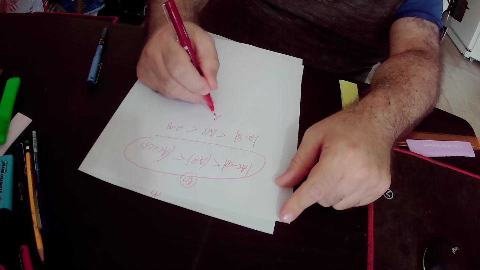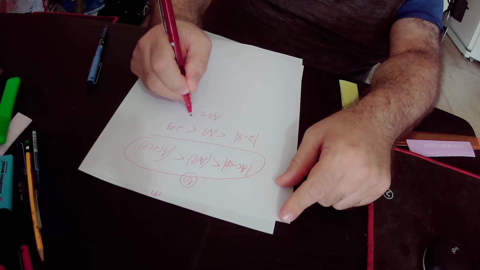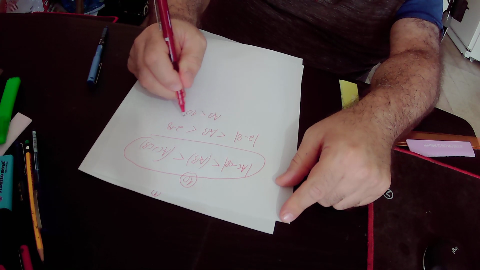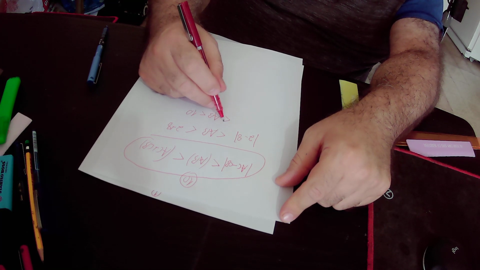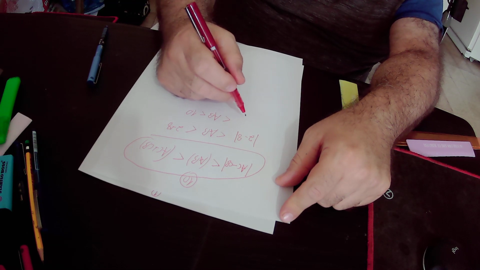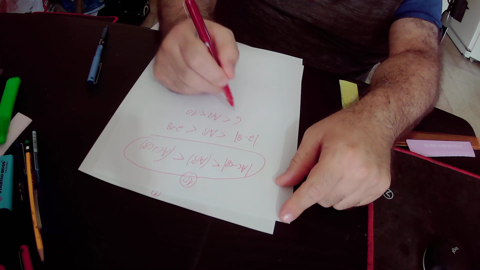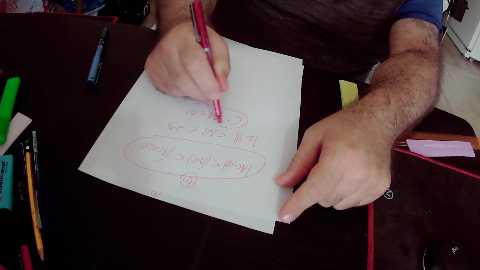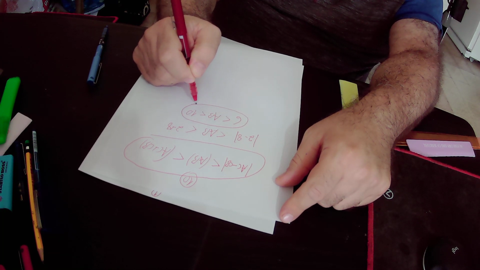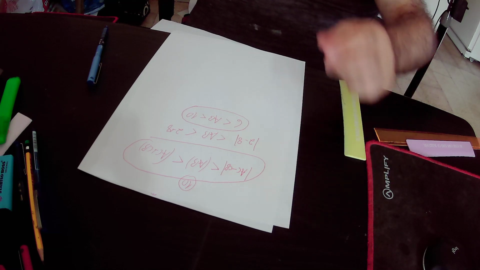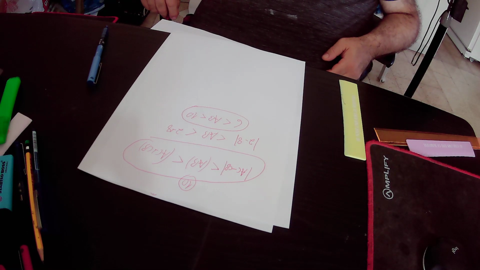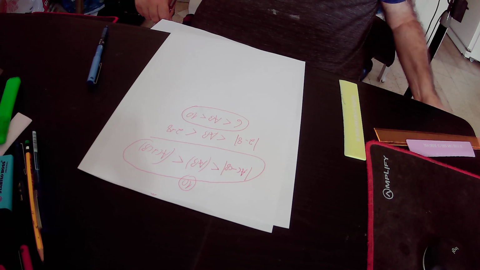So AB will be smaller than 10, since 2 plus 8 is 10, and it will be greater than the absolute value of minus 6, which is 6. So we found out that AB is greater than 6 and it is smaller than 10.